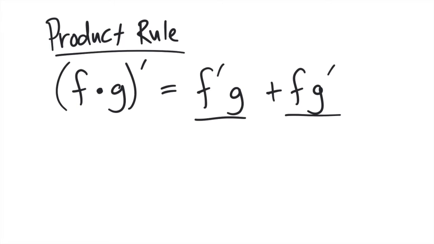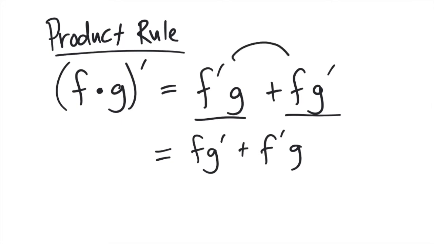I will say this, multiplication and addition are both commutative, so it doesn't really matter what order you put things in. Some people like to remember this as f g prime plus f prime g, and basically switch these two terms.